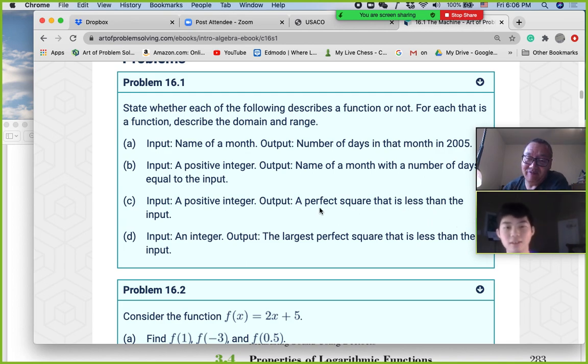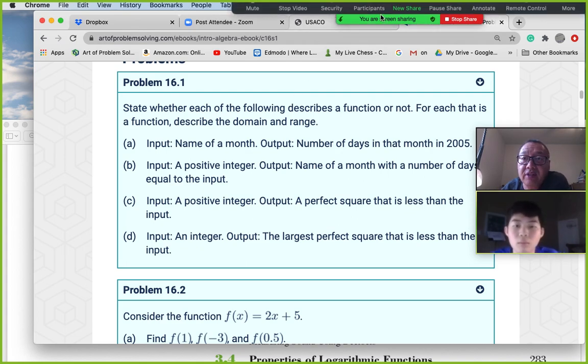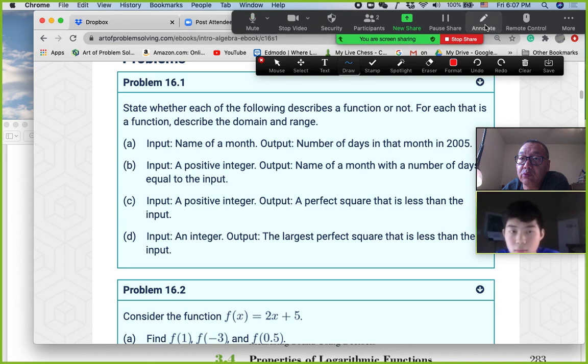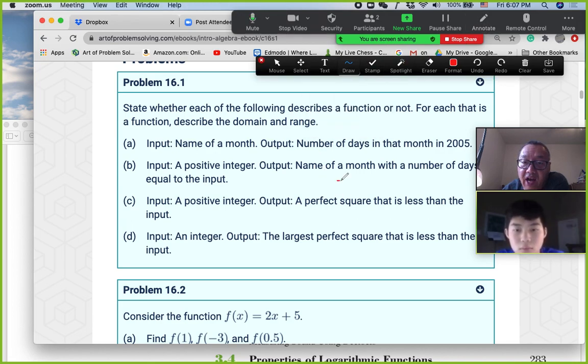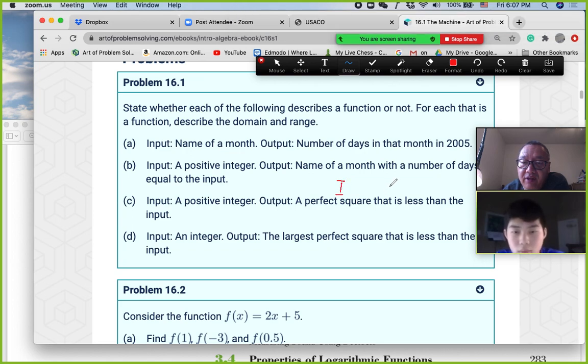What is a function? A function gives you a corresponding relationship between two variables. Maybe later you have more variables, but here we just talk about two variables. One is the input, another is the output. Suppose I use I to represent input and O to represent output.